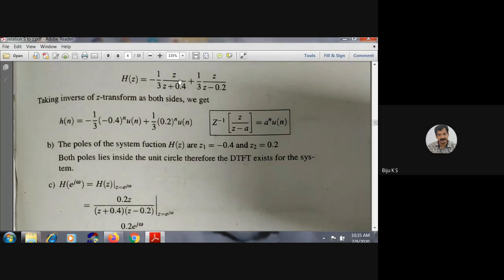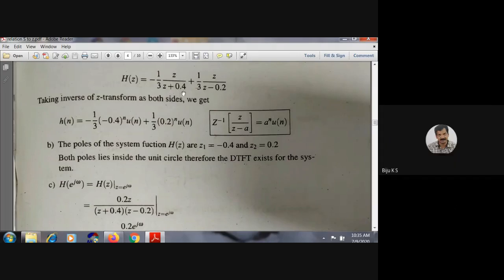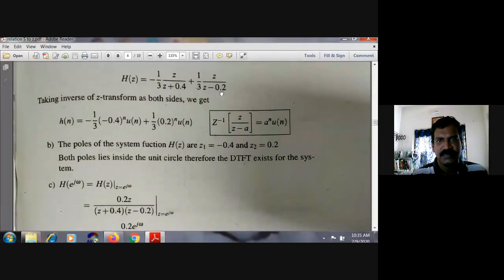That z is multiplied into the right hand side, so that the whole term, earlier it was minus 1 by 3 by (z plus 0.4), now it is z by (z plus 0.4). Here also z by (z minus 0.2). So now it is a standard equation of a raised to n. So this is equal to minus 1 by 3.